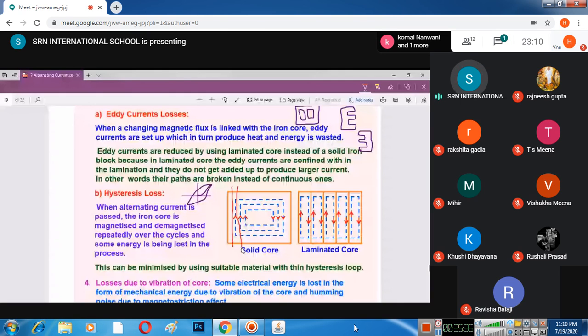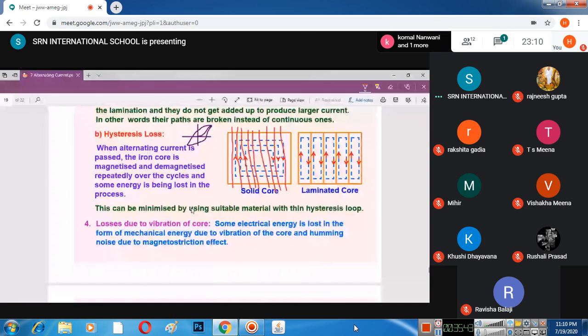Now, one more loss that we have seen is the vibration of the coil. You might have heard a humming sound usually coming from transformers. Humming sound means this is a vibration of these laminated cores. If a large amount of current starts flowing into the laminated cores, then because of the eddy current or the linked flux, these laminated cores start vibrating.